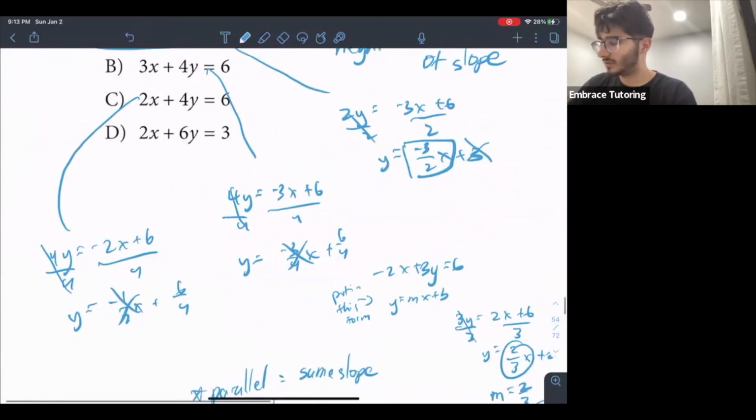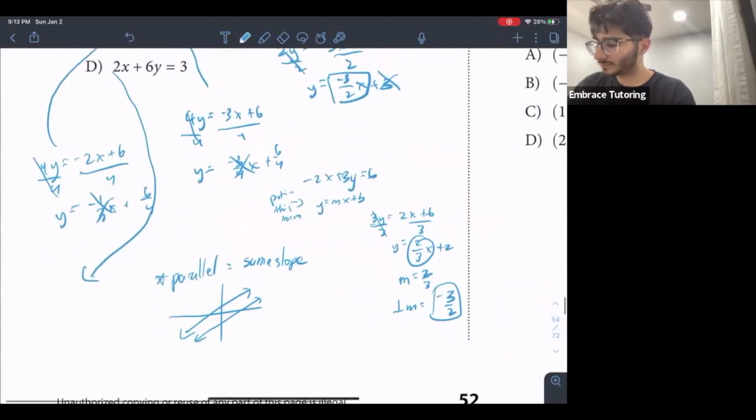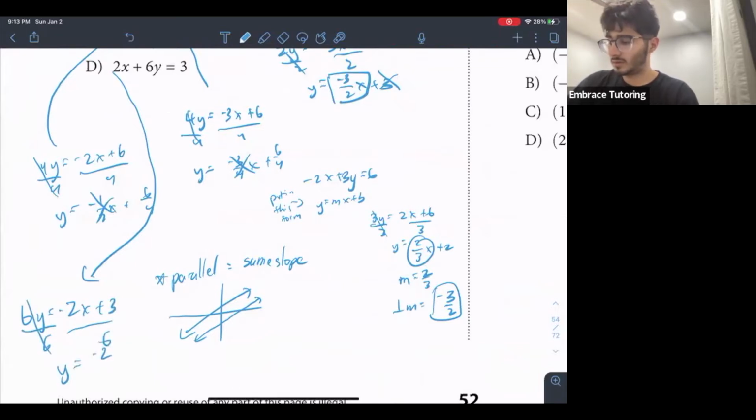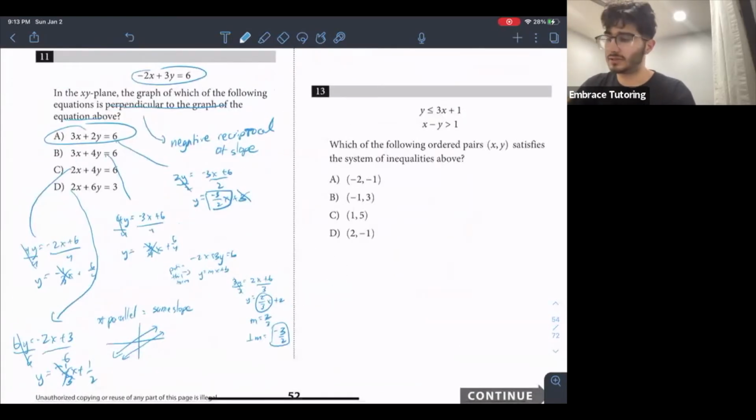This is also not equal to negative 3 over 2. And now D would be 6y is equal to negative 2x plus 3, divided by 6 on both sides. y is equal to negative 1/2 x plus 1/2. This is also not matching negative 3 over 2, which means that A has to be the right answer.